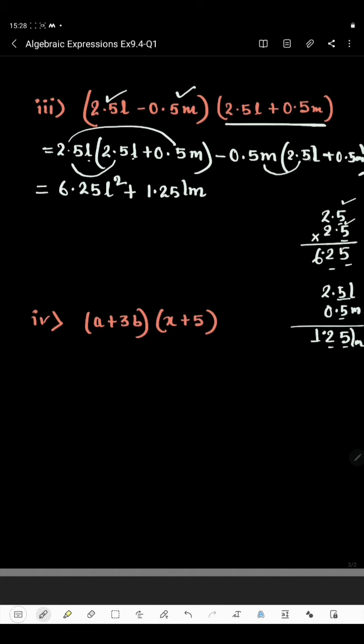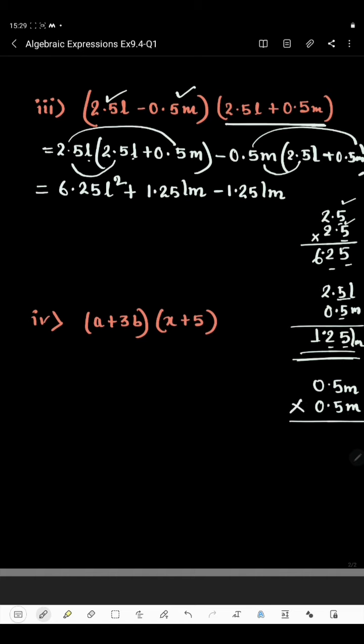Now minus 0.5M to be multiplied by 2.5L. So again 2.5 multiplied by 0.5 will be 1.25. But since with 0.5 the minus sign is there, here will be minus 1.25 LM. And 0.5M to be multiplied by 0.5M.